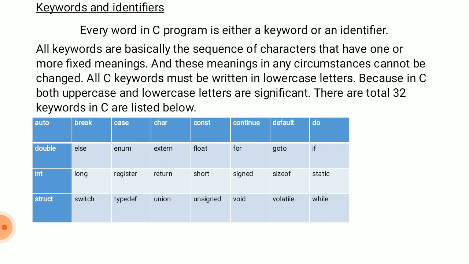And in C all the keywords must be written in lowercase letters. As you might have seen in the characteristics of C programming, C is case sensitive, so keywords must be written in lowercase letters. The word if, whatever word you write, must be written in small case letters. So keywords must be written in lowercase, because in C both uppercase and lowercase letters are significant.